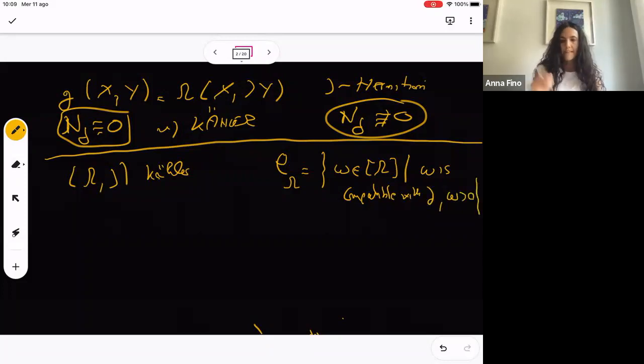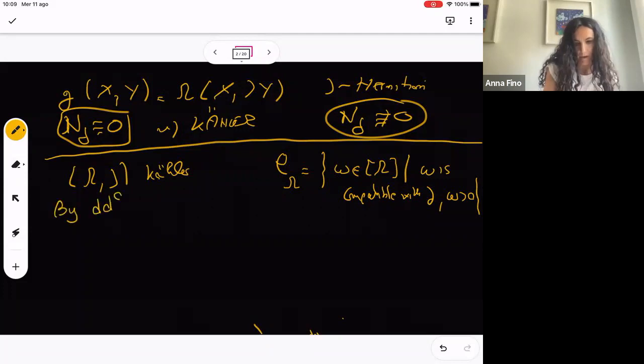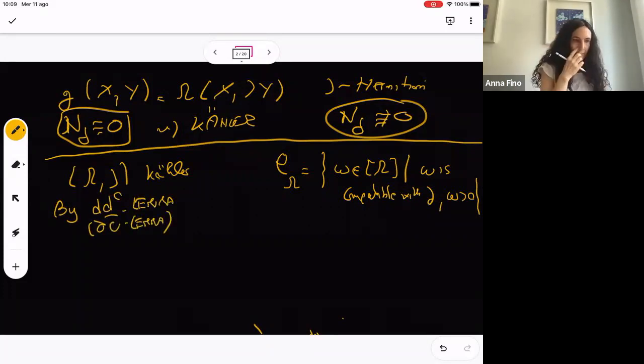The set of these is what is called in the literature the Kähler cone. Using the dd^c lemma that I already formulated, or the partial-bar lemma, it is the same thing.